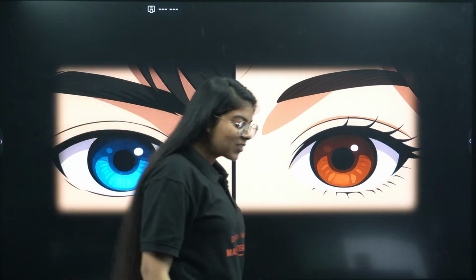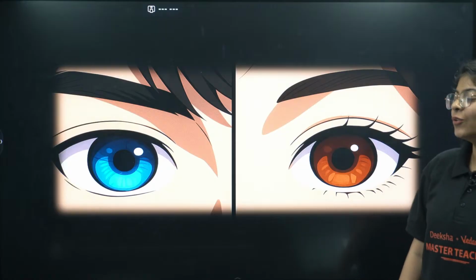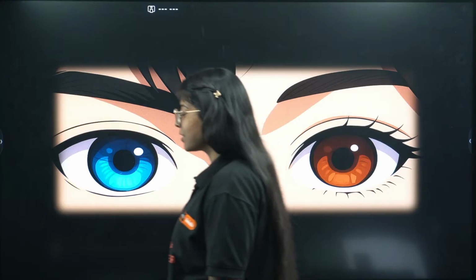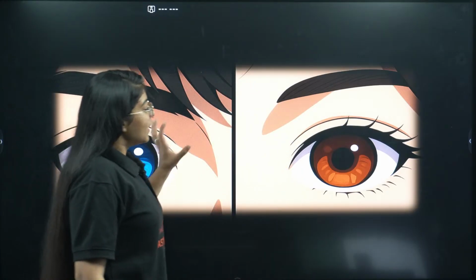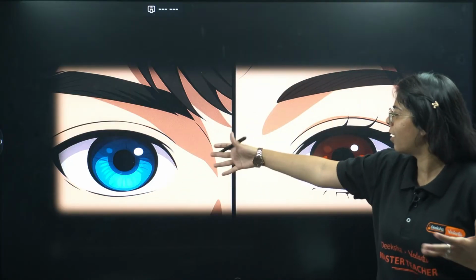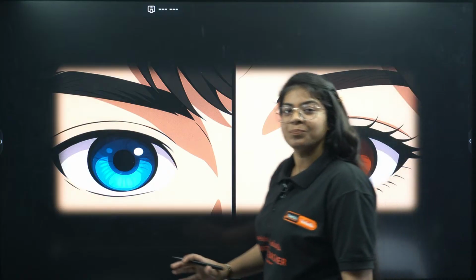Now this picture I have used before, and I know a lot of people watch animes and stuff, so I thought I'll take an image from that. Can you see in these, of course this is of a boy and this is of a girl, but they have different eye color, correct?